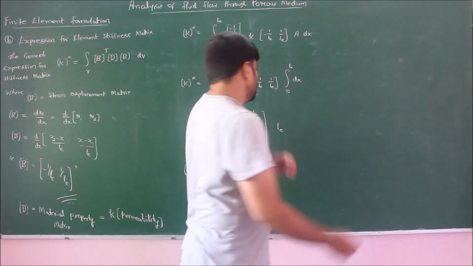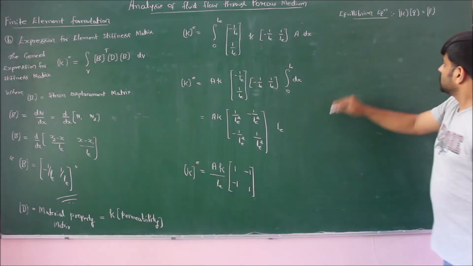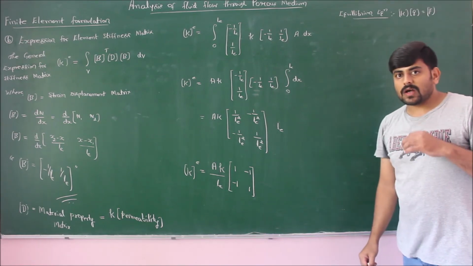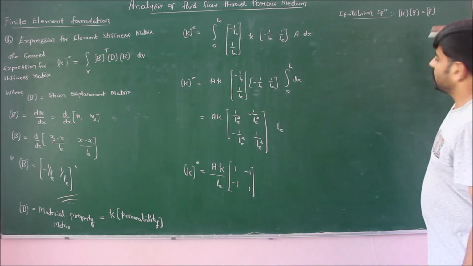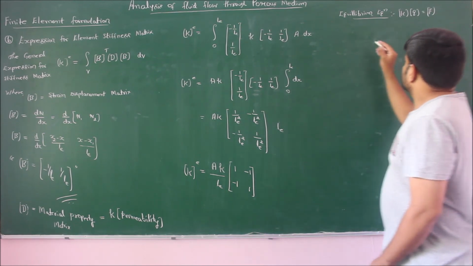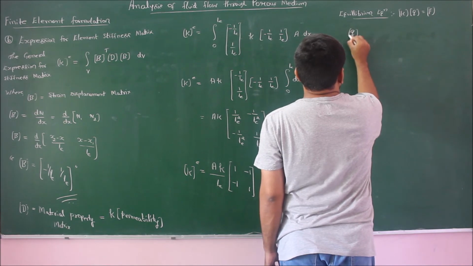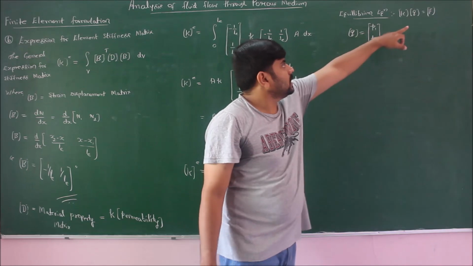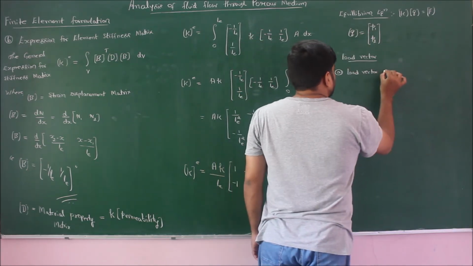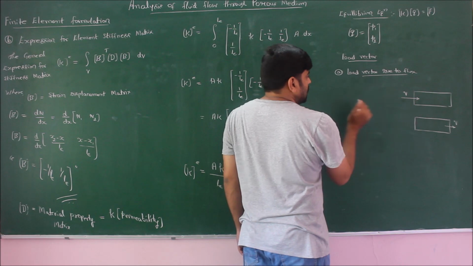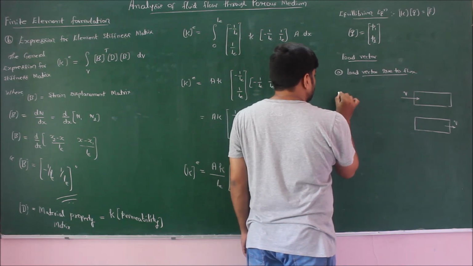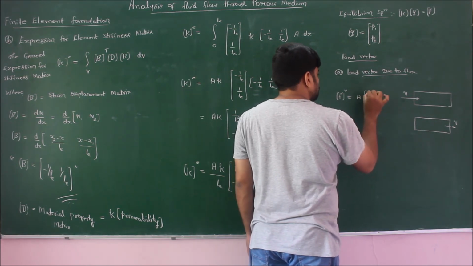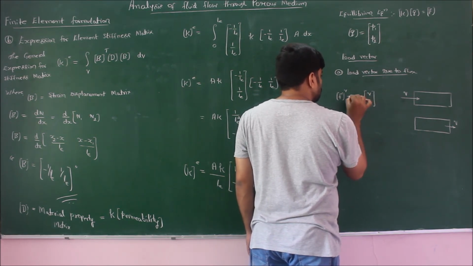Coming to the equilibrium equation, the equilibrium equation remains the same: the global stiffness matrix times the nodal variables equals F. The nodal variables are velocity potentials and F is the global load vector. So Q is the nodal variables, consisting of velocity potentials of the element. Now coming to the load vector, we have the load vector due to flux. If fluid is entering the element, then the load vector due to flux velocity is given by cross sectional area times V and 0.